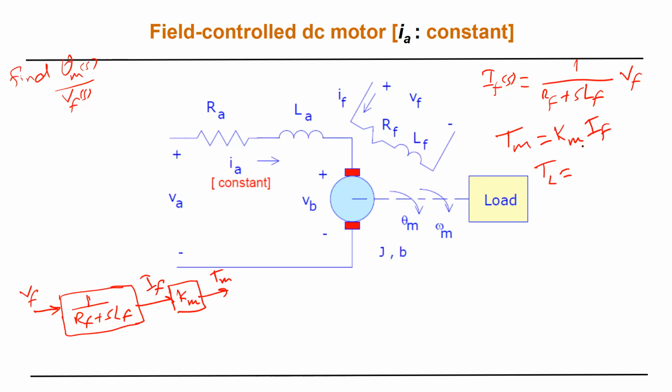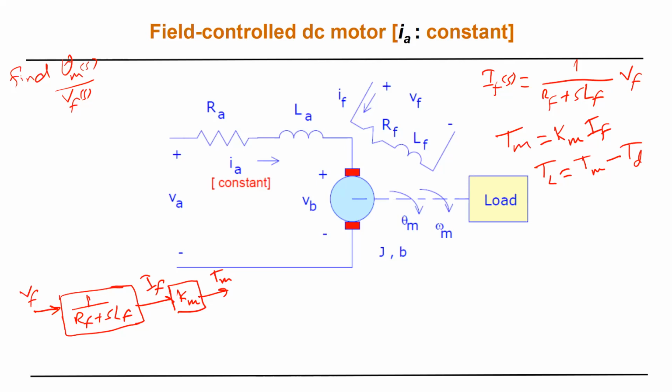The current induced by the other board. So it's going to be Tm, the developed torque in the motor, minus the disturbance. The disturbance is something unwanted, usually it is 0. This is the torque going to the load; the motor is connected through the shaft to the load.